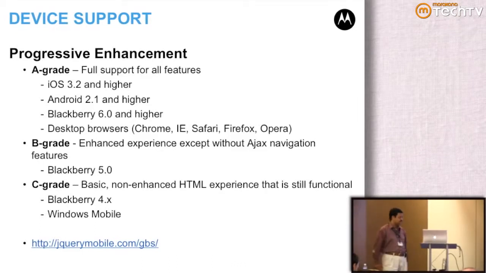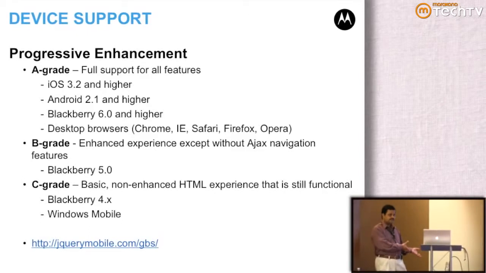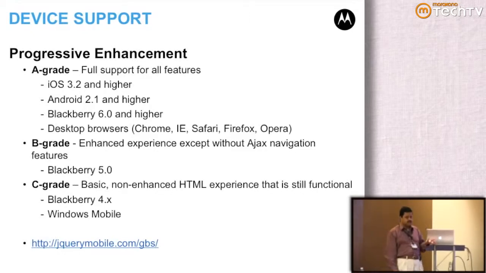You do not get any of the fancier features, but the important fact is the application still runs on those low powered devices. That is very nice, because you do not have to worry about porting your code to these different sets of devices. You just write it once and you are done.